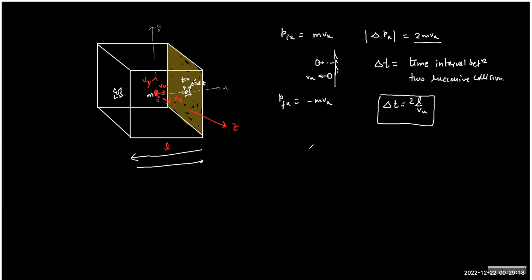So we define the average force imparted by the molecule on the surface on the X. From Newton's second law, the average force is delta P by delta T. So what is delta P? 2 mVx. Divided by 2L by Vx, the answer is very simple: mVx square by L.